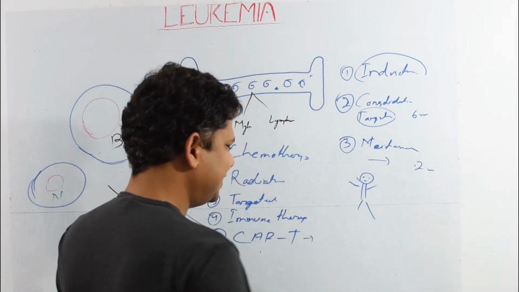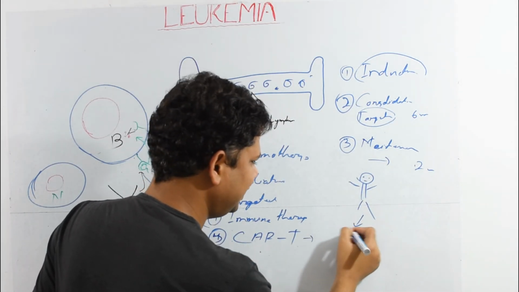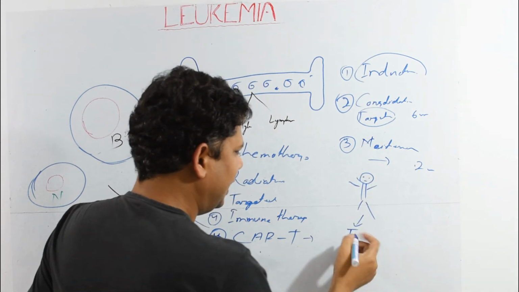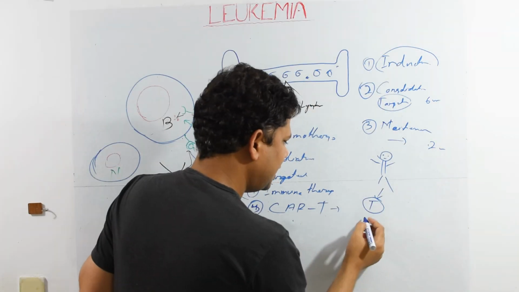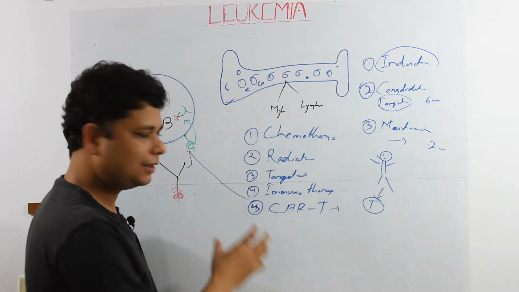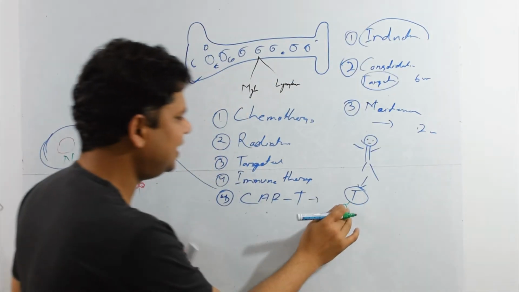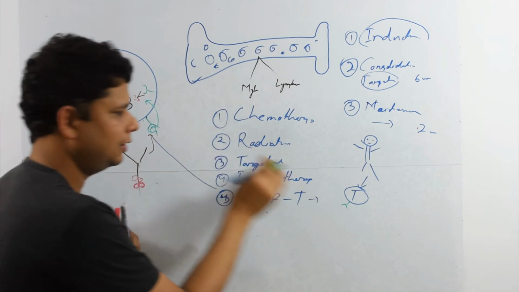Suppose this is the patient. First, we take out the T cells from their body, and these T cells are engineered with a particular antibody or receptor which can detect these receptors.